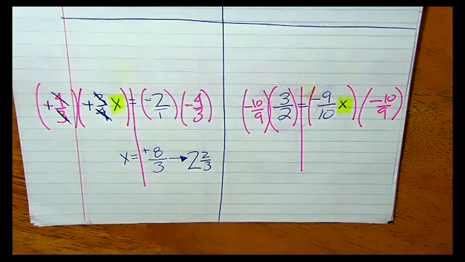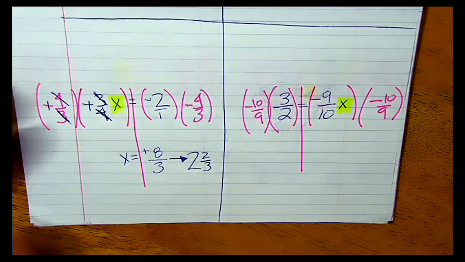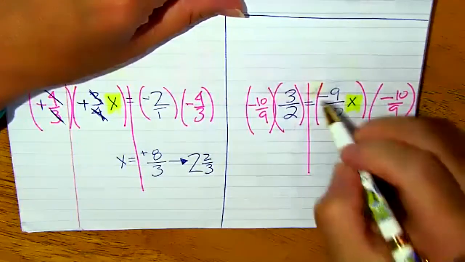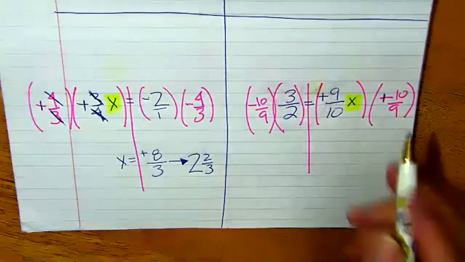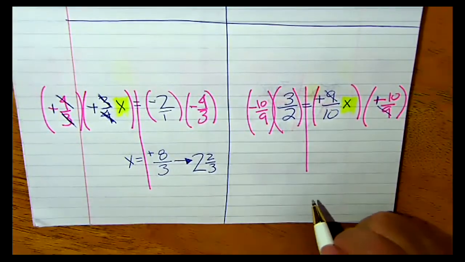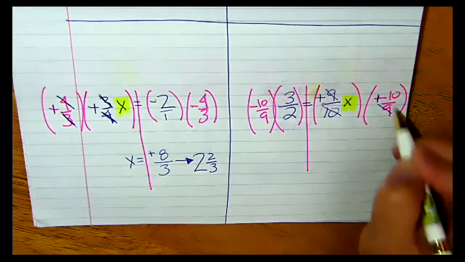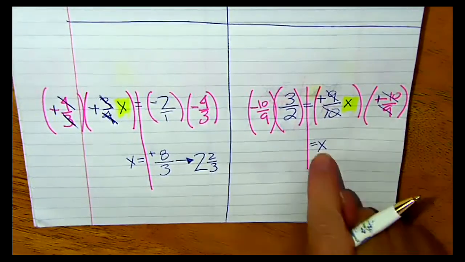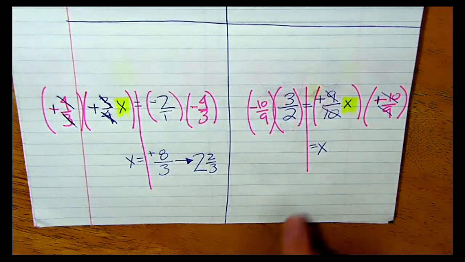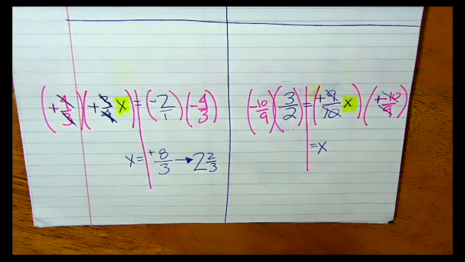Okay, now it just looks like simple fractions, basically. A negative times a negative is positive. 9 divided by 9 cancels, and 10 divided by 10 cancels. And I'm left with x all by his lonesome. He's very happy about this. He likes to be isolated.